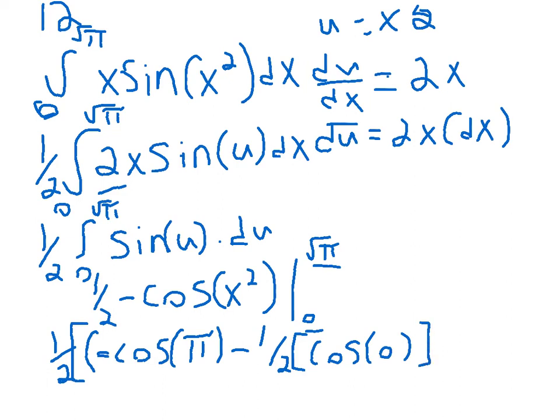And if you do this out, it ends up being 0.5 minus negative 0.5. And your answer becomes 1. And that's the area underneath the graph from point A to point B, 0 to radical pi.